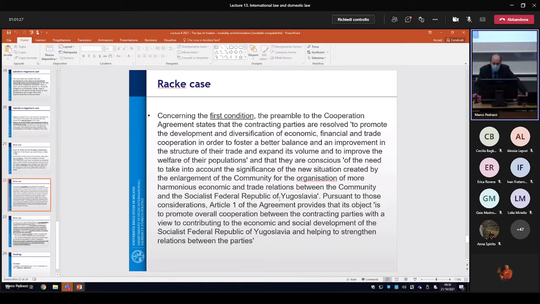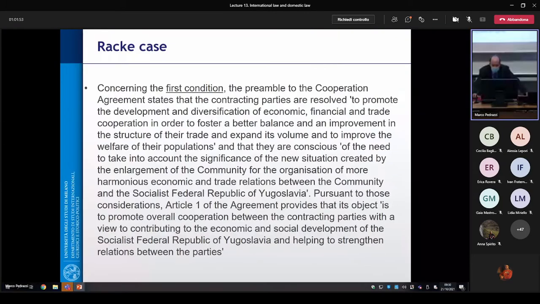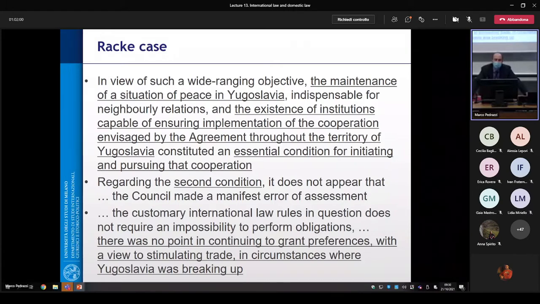And concerning the first condition, it recalls what was the purpose of the treaty, as you can see from the slides, and the fact that its provision should contribute to the economic and social development of Yugoslavia and strengthen relations between the parties.